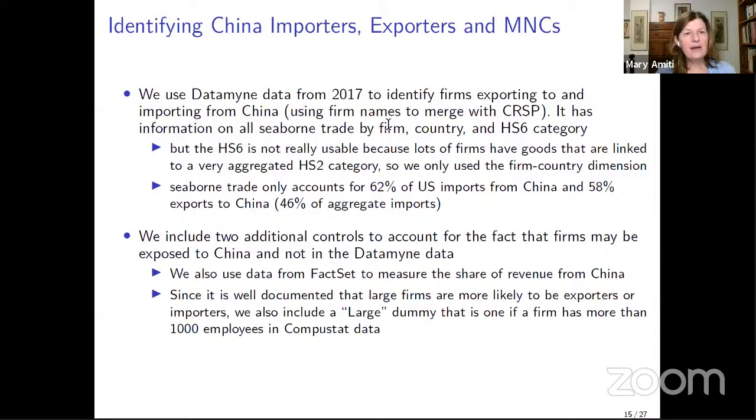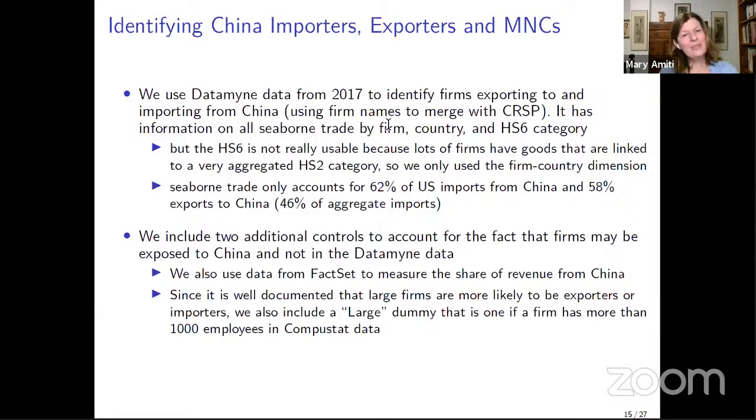These data have only information on seaborne trade, by firm, country, and HS6 category. The problem is that because it's seaborne, there is a lot of trade by air which it would miss. Also, even though they say it's by HS6 category, in practice a lot of it is HS2, so we couldn't really use the industry dimension. So we just used an indicator variable for whether you're an importer or exporter from China.